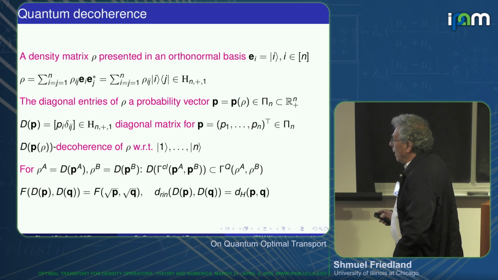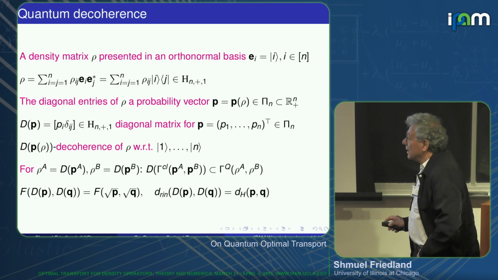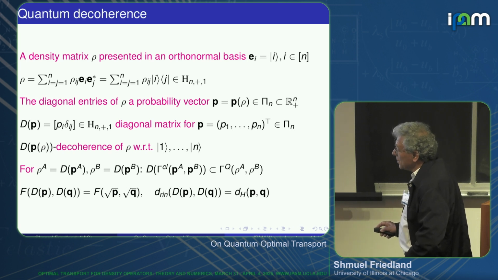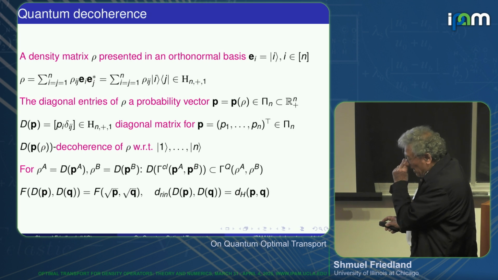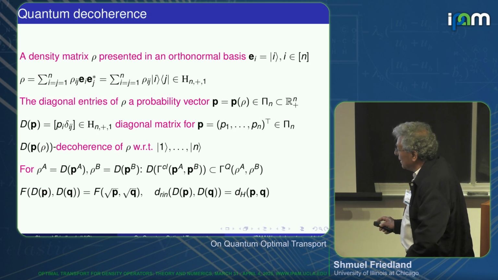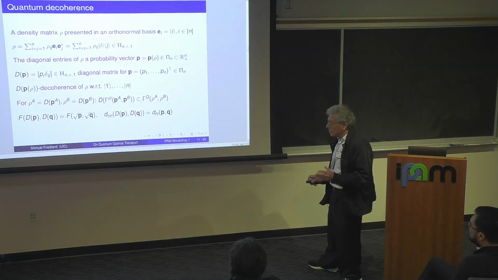Now, if you look at this gamma classical coupling and take the diagonal matrix, it's going to be here. So therefore, this set is bigger than this one, or less equal. And now, if you do it for two diagonal matrices, this Bhattacharya quantity is going to be exactly the Uhlmann-Jozsa fidelity, and this is going to be a distance. It's going to be a Hellinger distance. So we have all analogs for that.